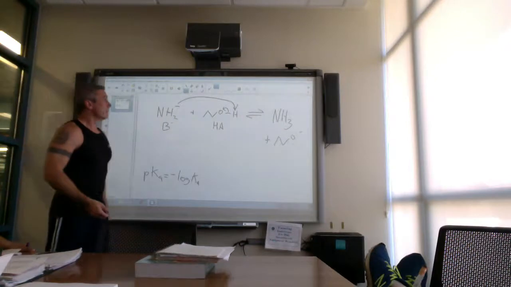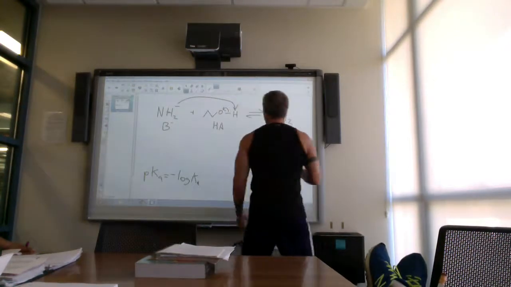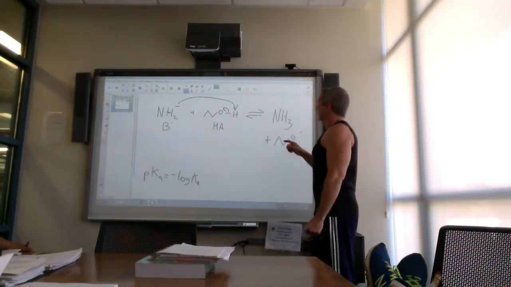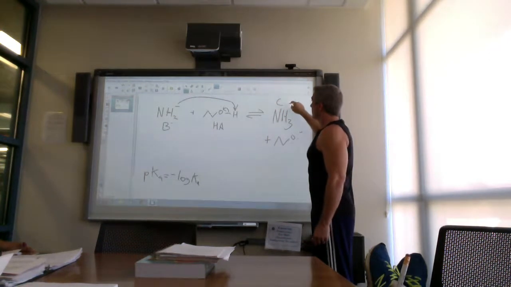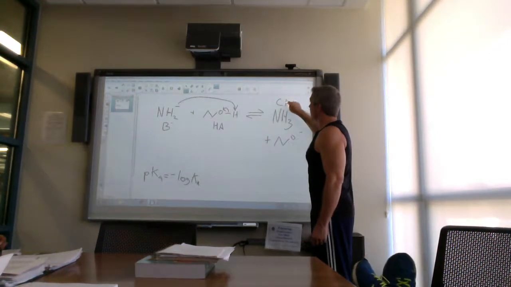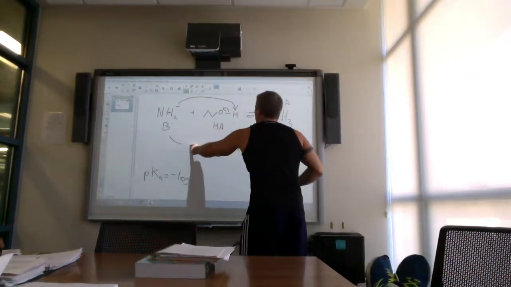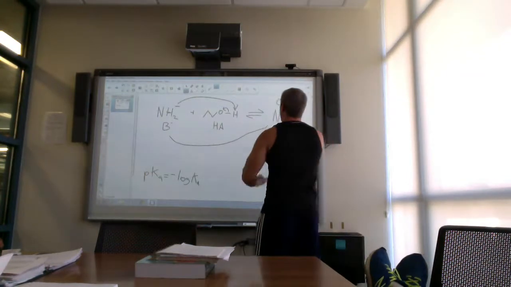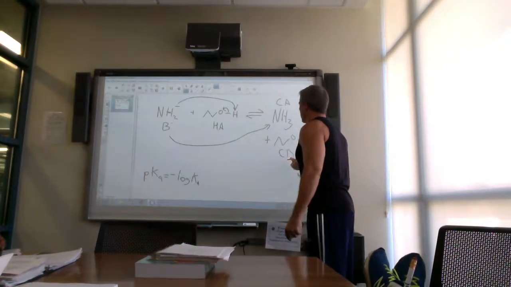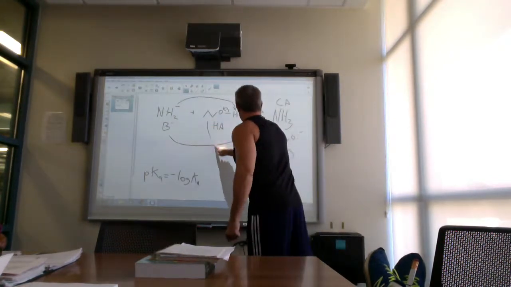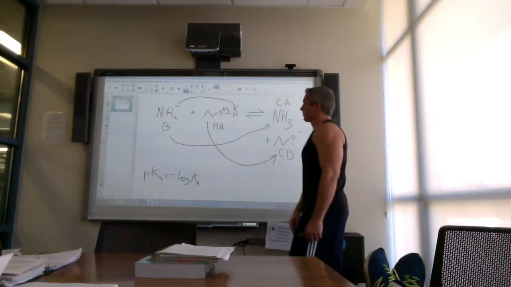Okay? So if that's true, then on the other side is the conjugate base and the conjugate acid. This is the conjugate acid of that base, right? This is the conjugate base of that acid.